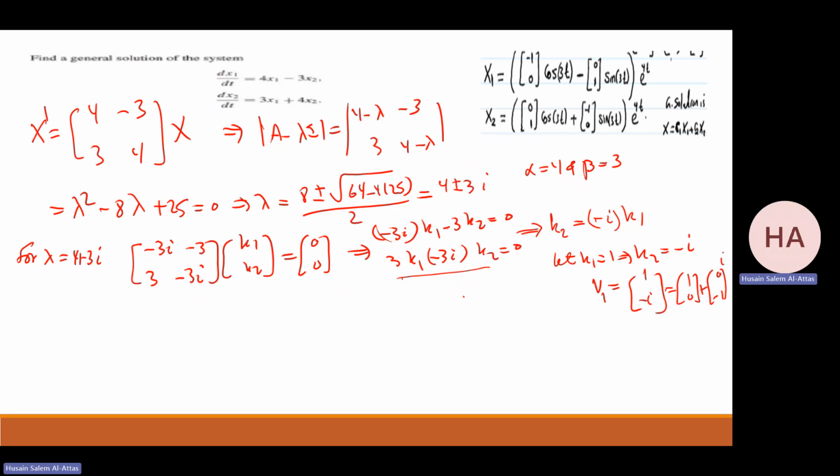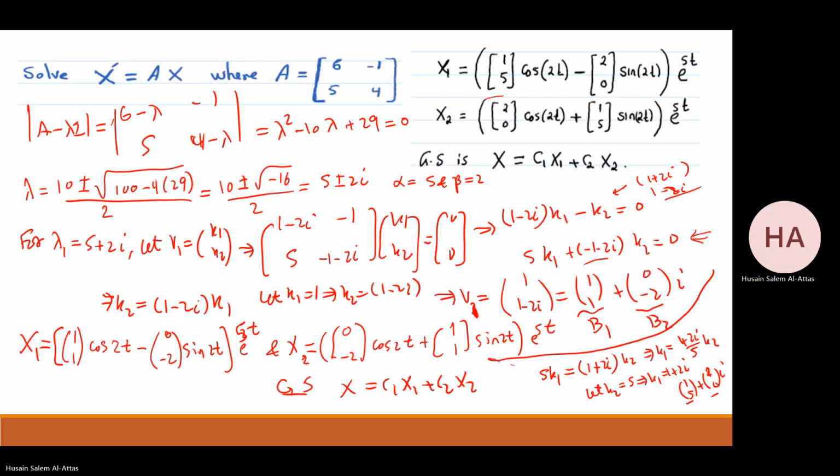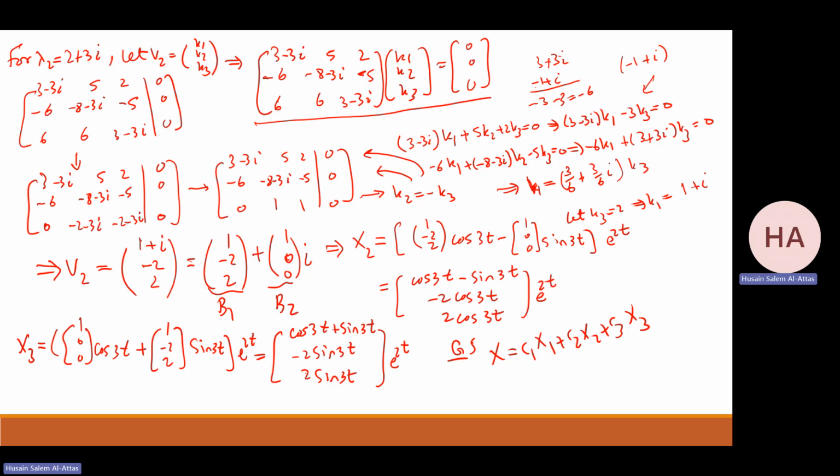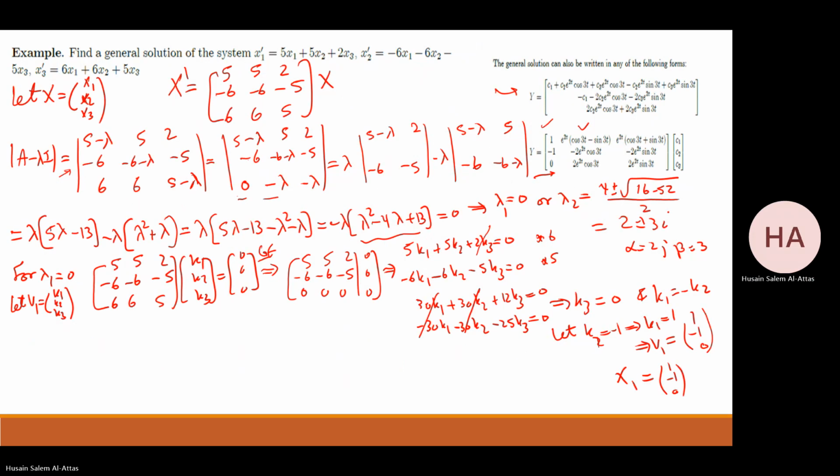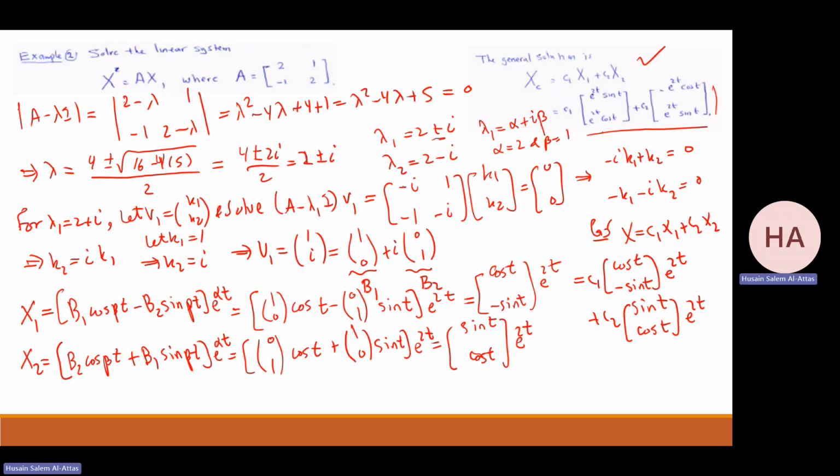Yeah, it will be 0, 1. This is 0, minus 1. This is my B1. Yeah, there is a minus sign. Yeah, he's using the same one, but with the minus sign. This is B2. So my solution, it's only a minus sign problem. B1 cosine beta.